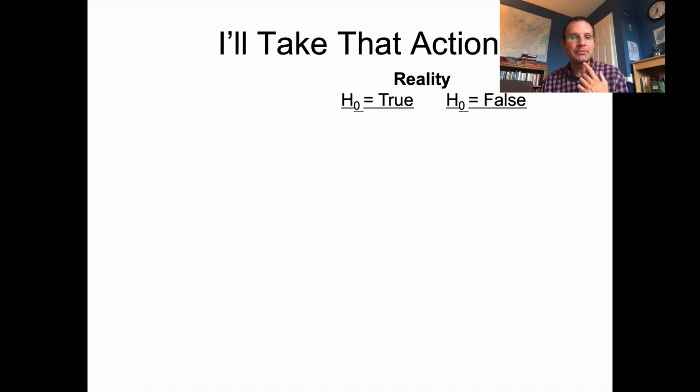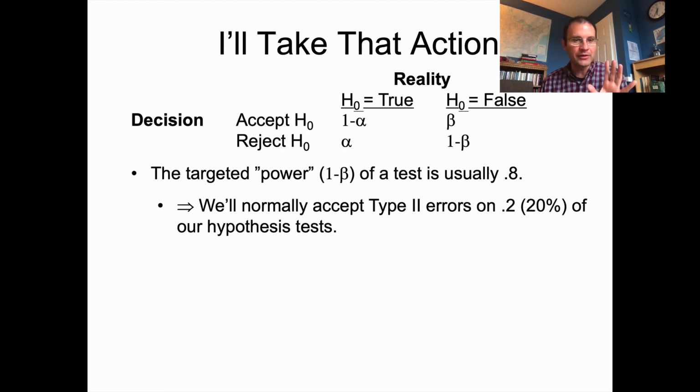I will just point out that what that value is normally set to is 0.8. So basically what this means is that 80% of the time that something is going on in the world, you will identify it if you run the experiment properly and interpret it properly as well.